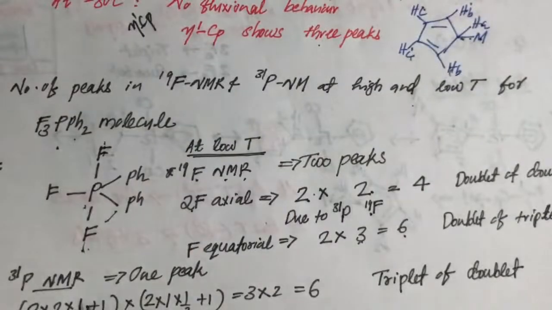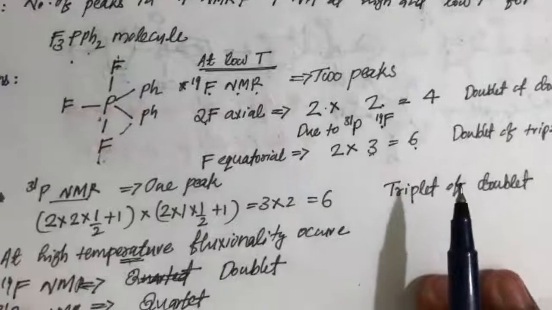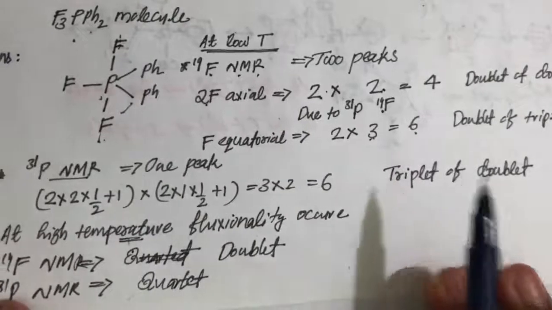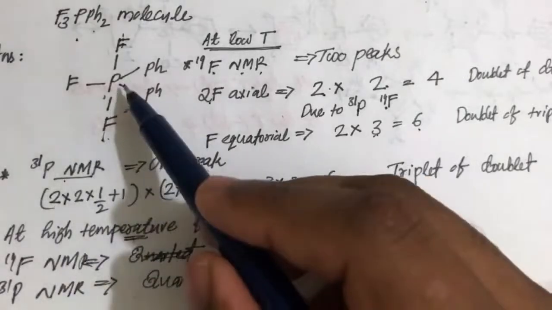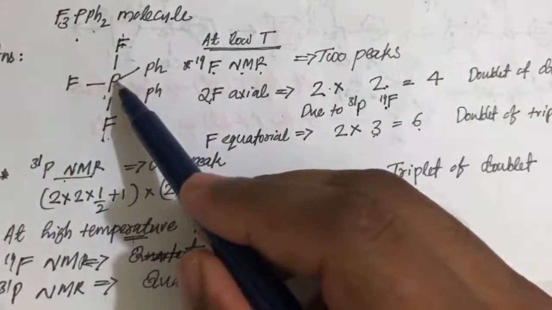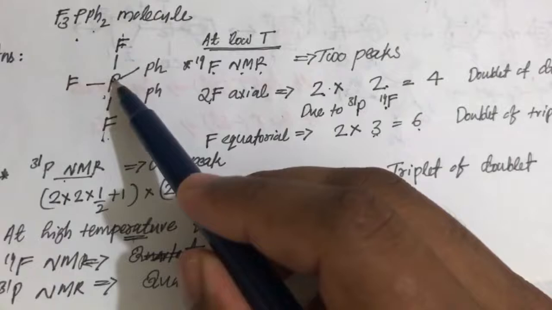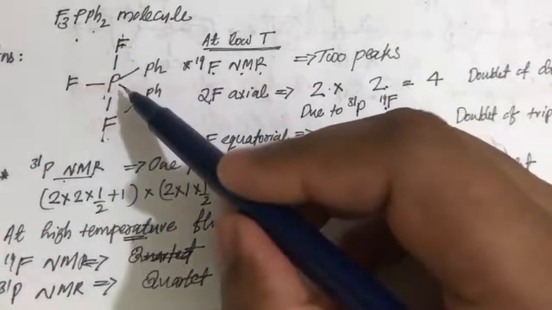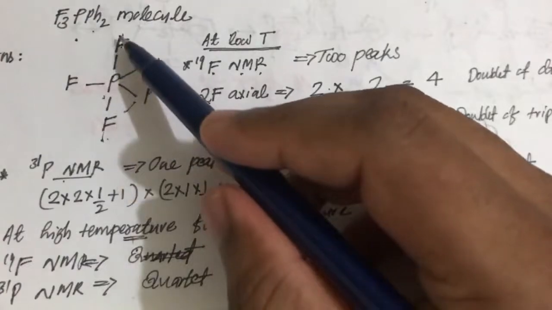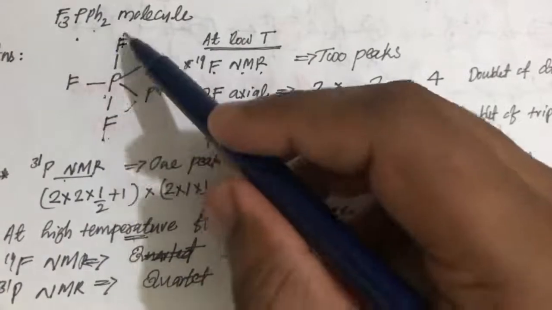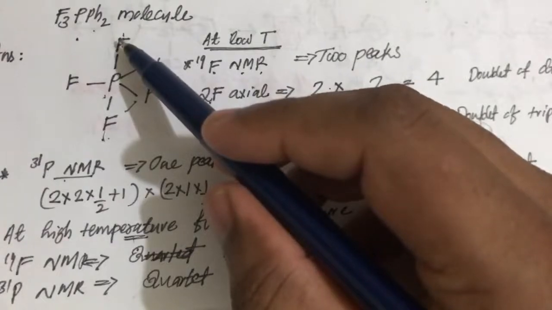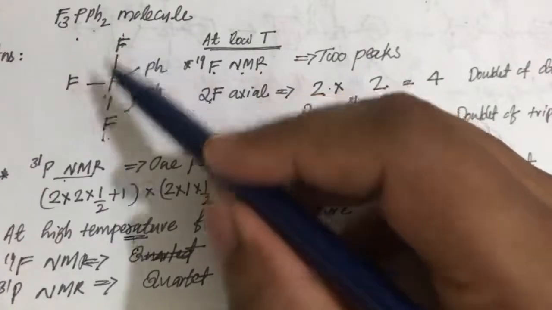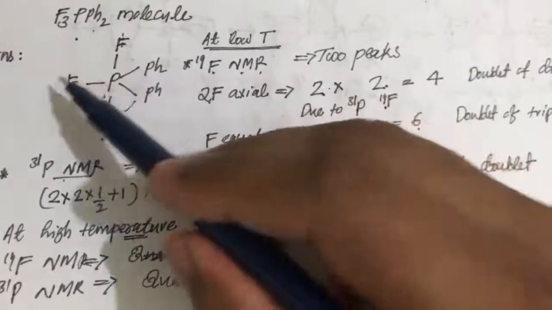Now we move on to phosphorus NMR for the same molecule. For that, we want to analyze how many chemical environments there are. We know that one phosphorus chemical environment gives you only one peak. Now the splitting pattern: at a lower temperature it is rigid, so you can have two chemically distinct fluorines, axial and equatorial.